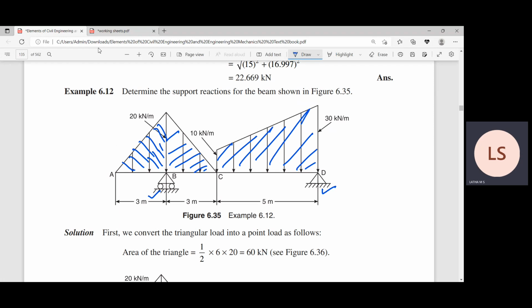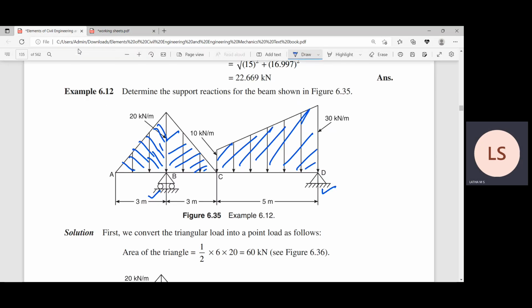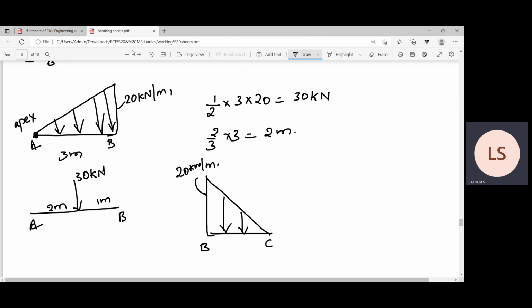It is again 20 kilonewton per meter, spanning a length of 3 meters. Convert this: half into 3 into 20, you get 30. This is the apex, and it will act at 2/3 of 3, so it is 2 meters.